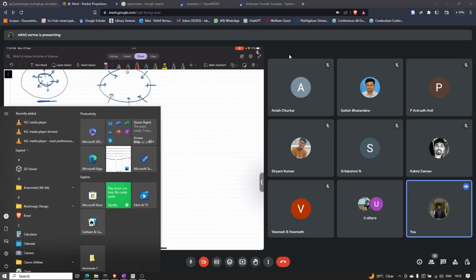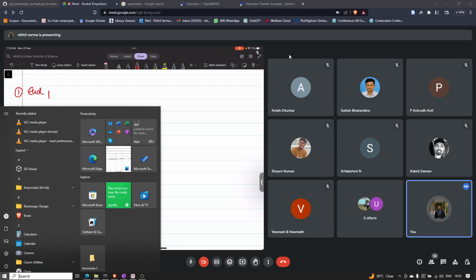Let me start with the end burning grain. I hope everybody knows this, right? We have the surface that burns without any change in the area.